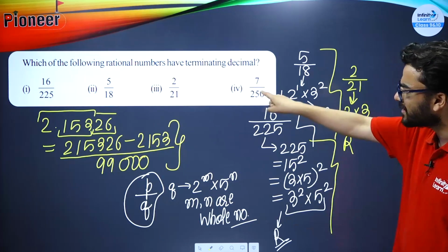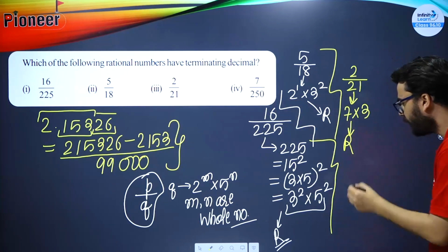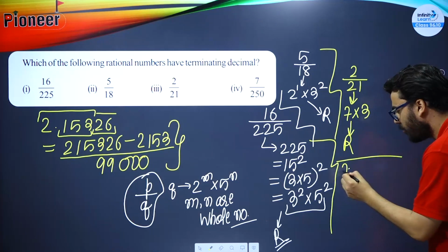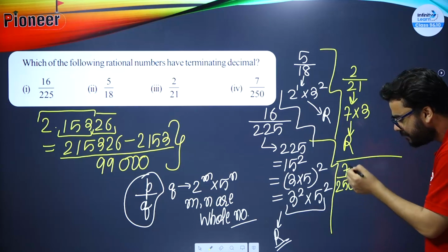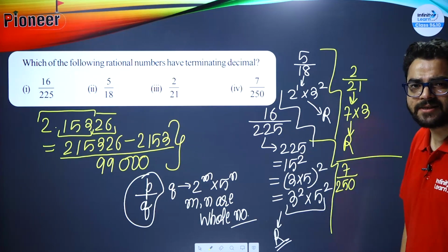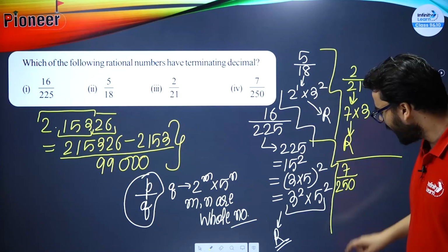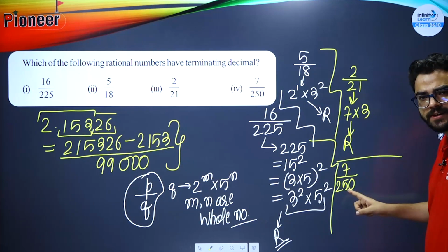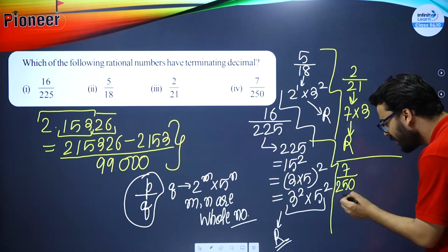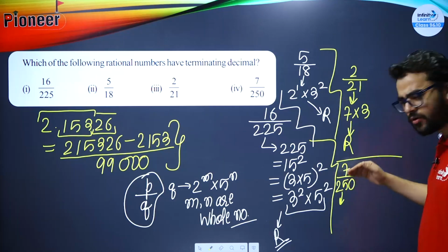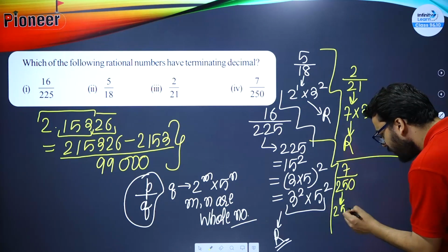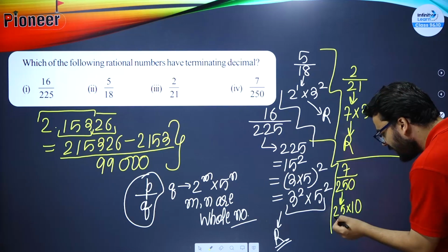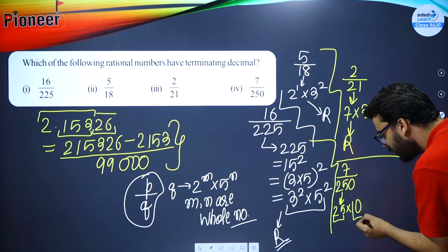Now, what about the last part over here, 7 upon 250. You see over here, no further simplification in the numerator as well as the denominator is possible. And if you do the prime factorization, 250 you can think is 25 into 10, so basically this is 5 square and this is 5 2s are 10.